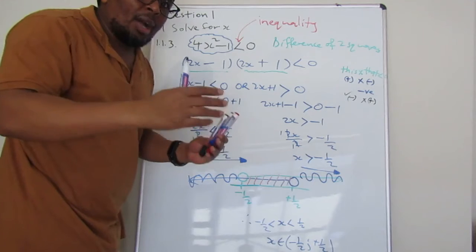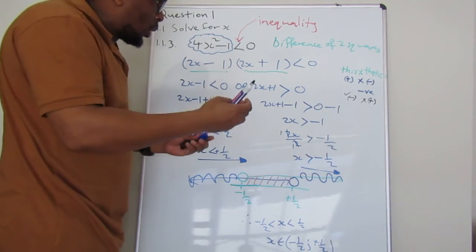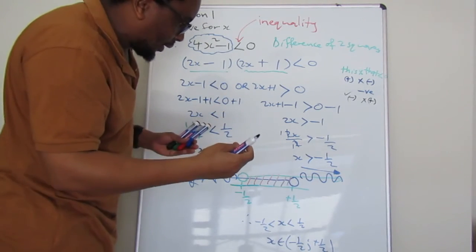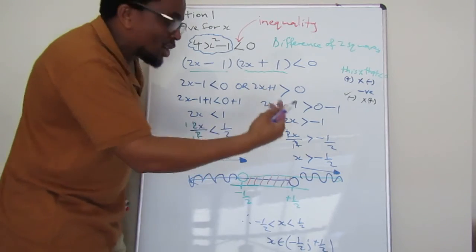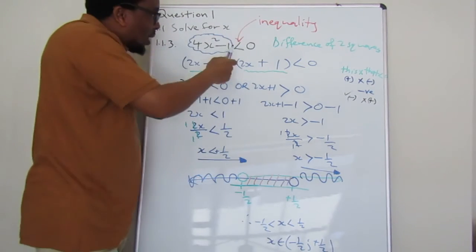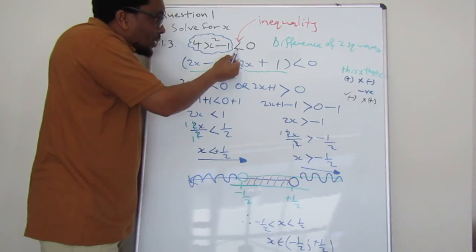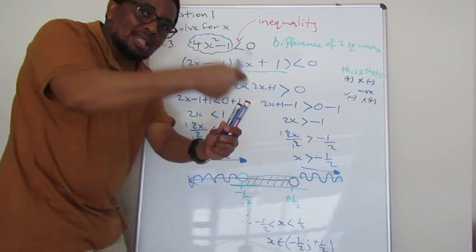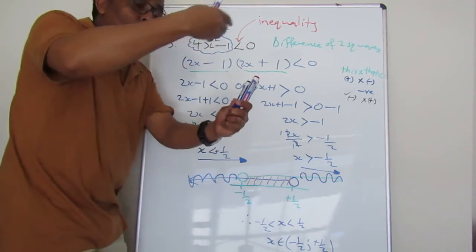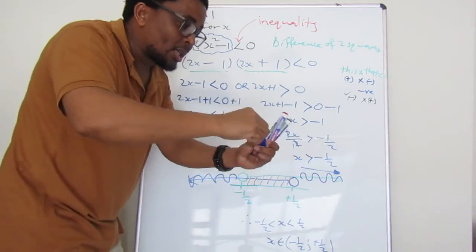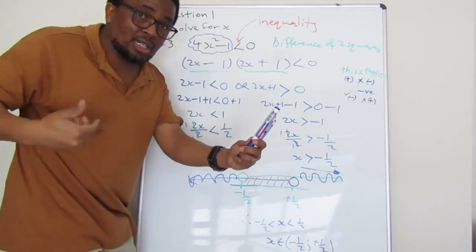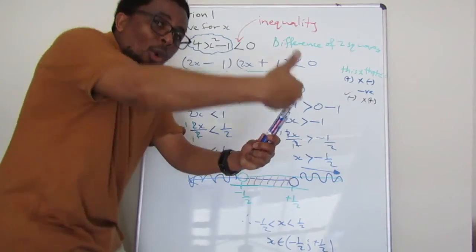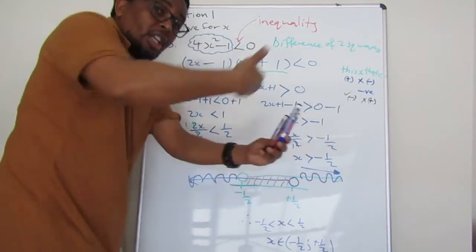Now, this is what I need to stress here. You must not be scared when you are given an inequality sign. You must not be scared, because the examiner knows that you only know how to work with equal signs. Now, the examiner wants to bring doubt into your mind.